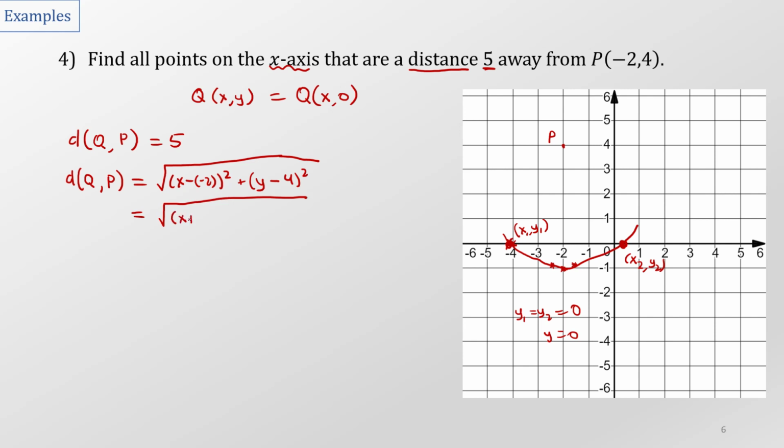We get x plus 2 quantity squared plus 0 minus 4 squared. So we have an expression in a variable x, and we know that that expression has to equal 5. The square root of x plus 2 squared plus, I'm going to simplify that to 16, has to be 5.